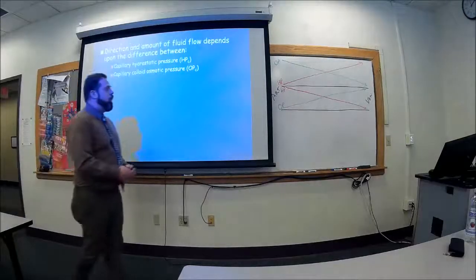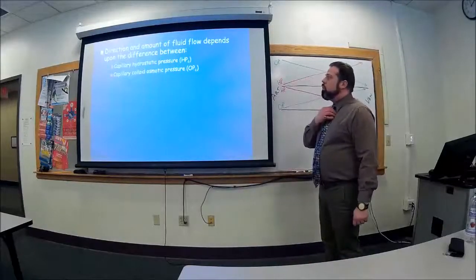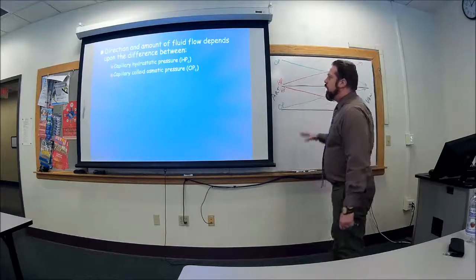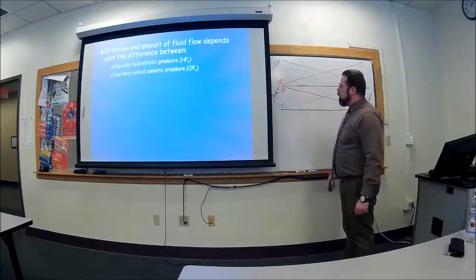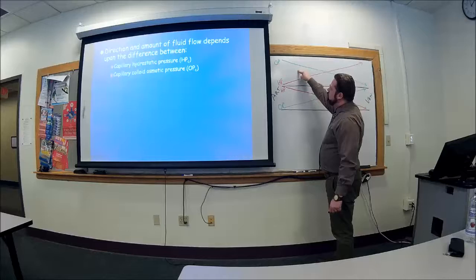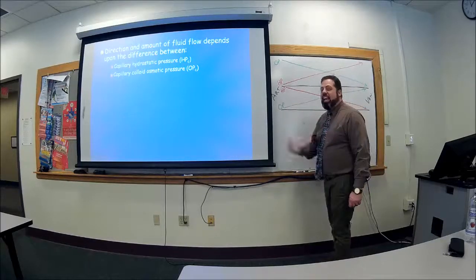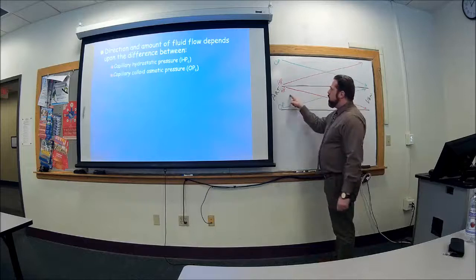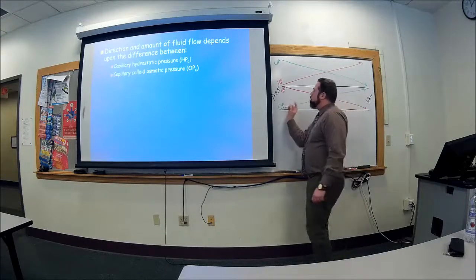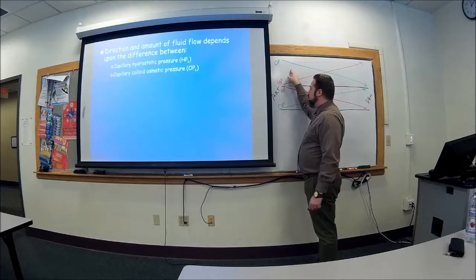So the direction and the amount of fluid depends upon the difference between the capillary hydrostatic pressure and the capillary oncotic pressure. See, the fluid is going into the interstitial area at the arterial end by both the hydrostatic pressure and the oncotic pressure. The hydrostatic pressure is going to push it into the interstitial area.